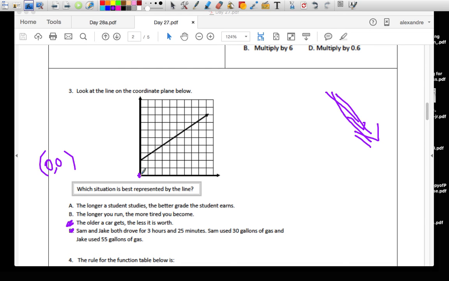Should be right here. If I don't run, I should be 0 tired. If I run for an hour, I should be, let's say, oh, I don't even know. That's if I run 3 hours. I get this much tired.